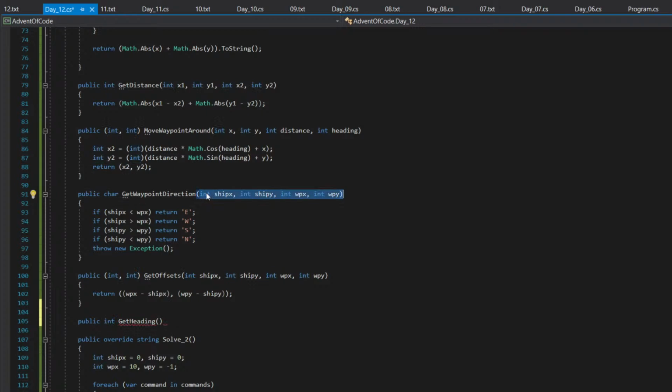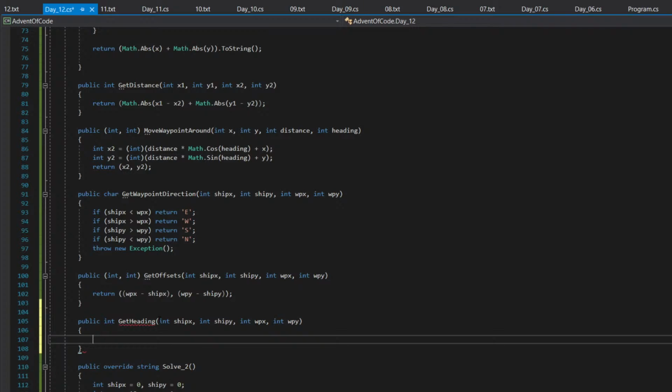Let's copy our ship XY stuff. So let's see.